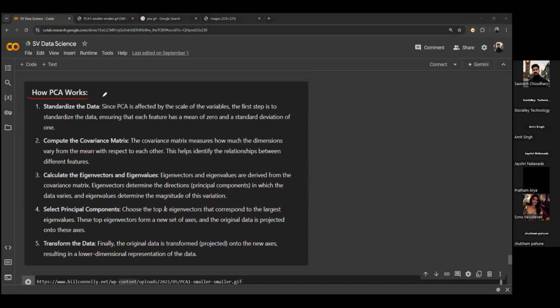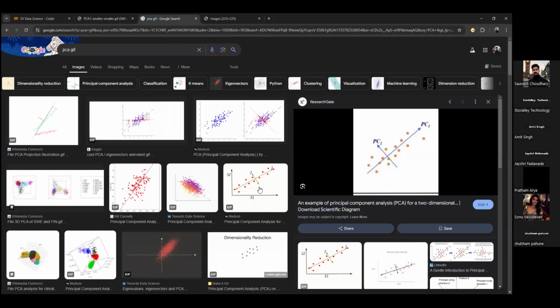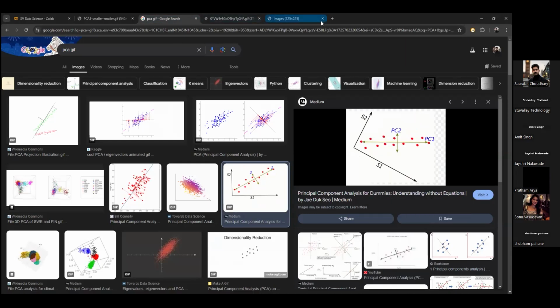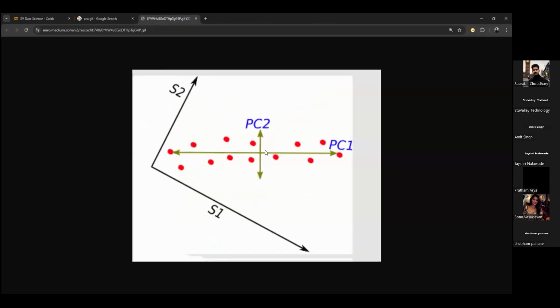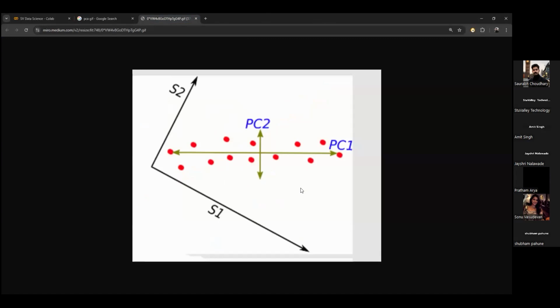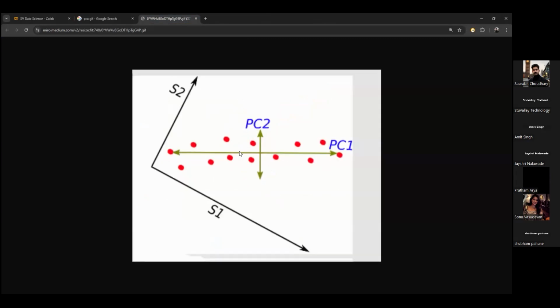So how does it work basically? One more thing I need to show you. After picking all the data from the graph, we are just using only PCA1 and PCA2 as axis.